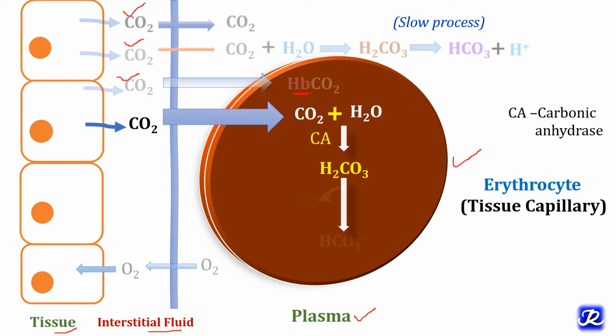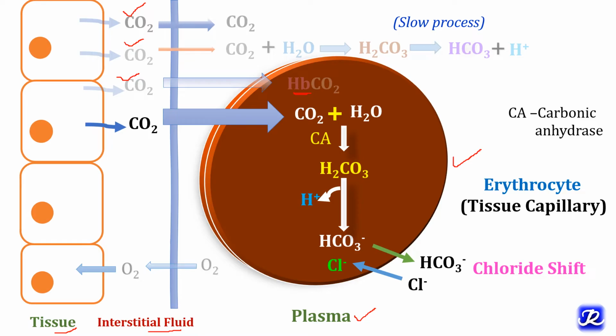Carbonic acid dissociates into hydrogen ions and bicarbonate ions. Bicarbonate ions leave red blood cells and enter plasma. In exchange of bicarbonate ion, to maintain the electroneutrality, chloride ions from plasma enter red blood cell. This is called as chloride shift.